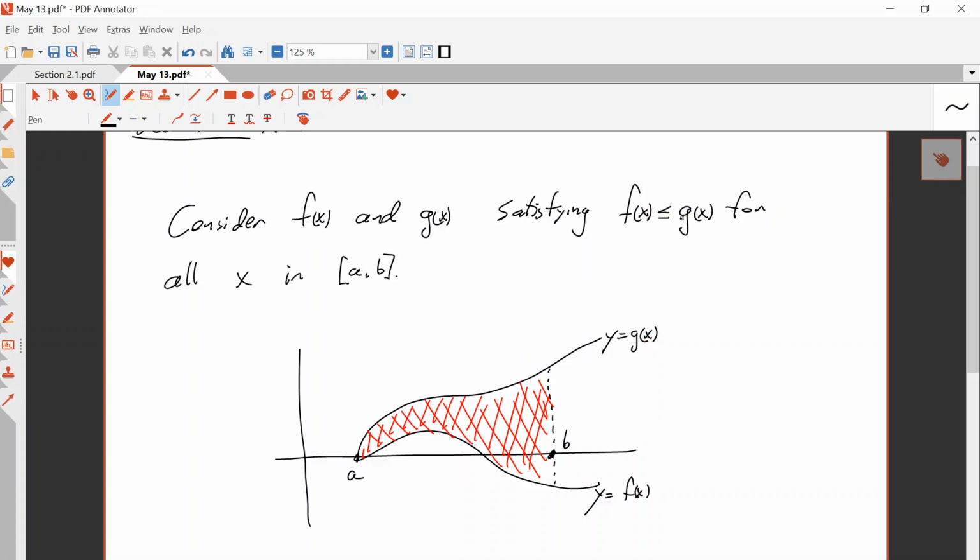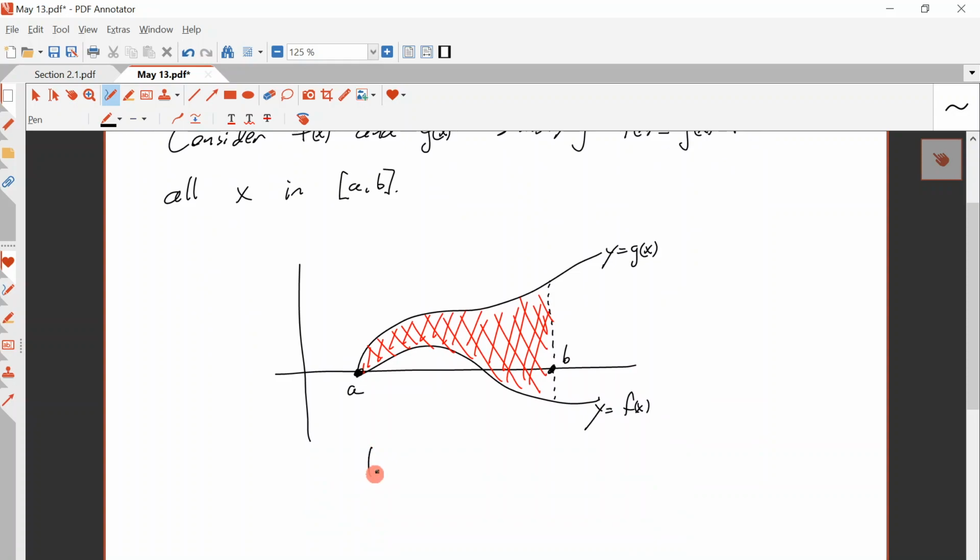When I say f is less than or equal to g on that interval, it means that g is appearing above f. Okay, what is the area in between the curves?